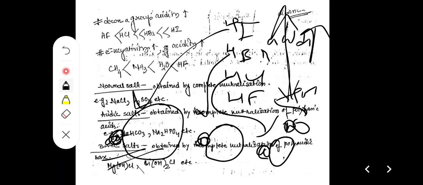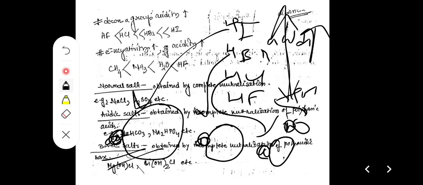So overlap with hydrogen also decreases down the group, as hydrogen is small in size. Hydrogen produces more effective overlap with fluorine, then chlorine, then bromine, and last iodine. So the overlap is ineffective for HI, and HI has more tendency to dissociate and give H plus.